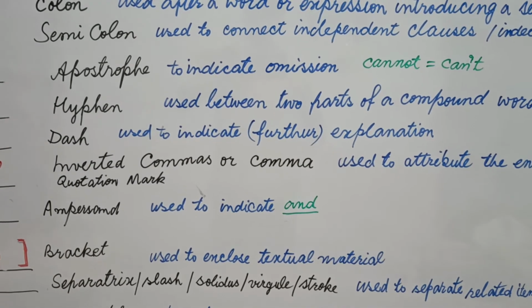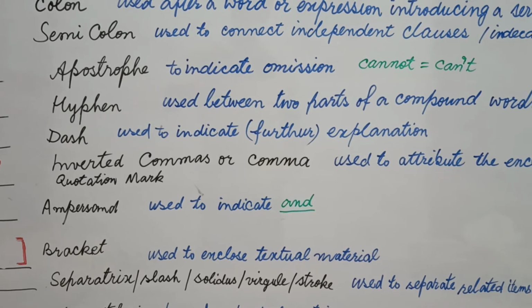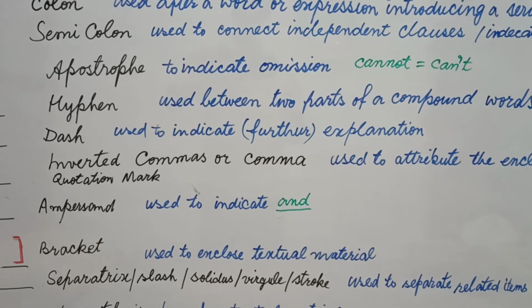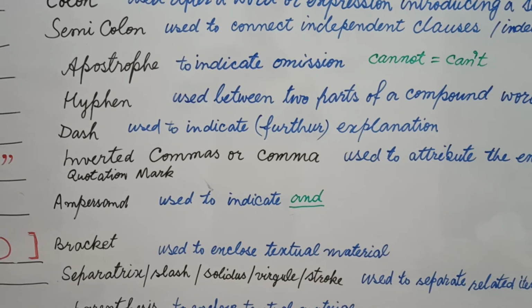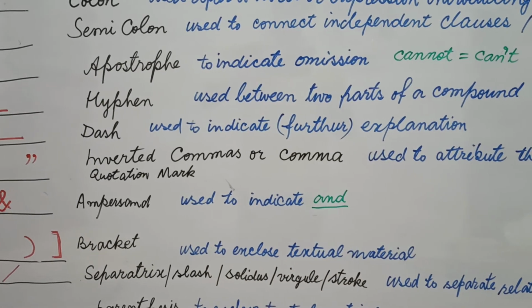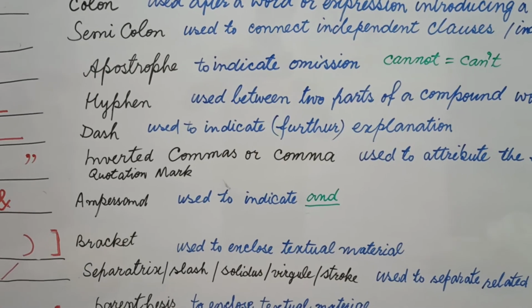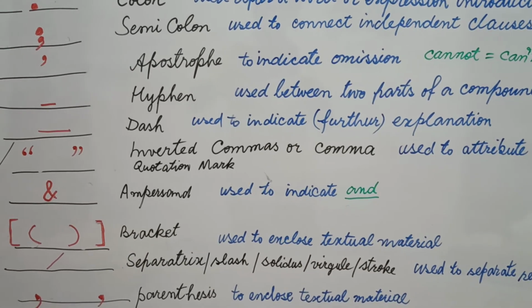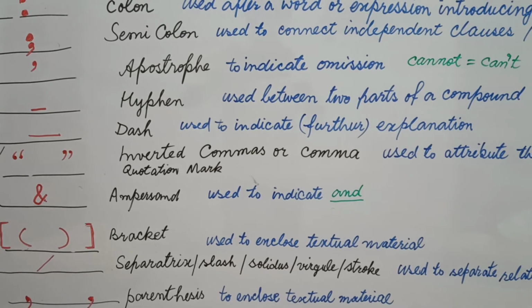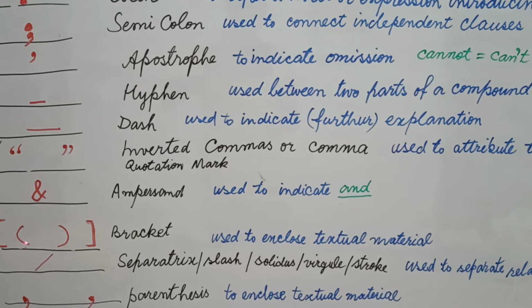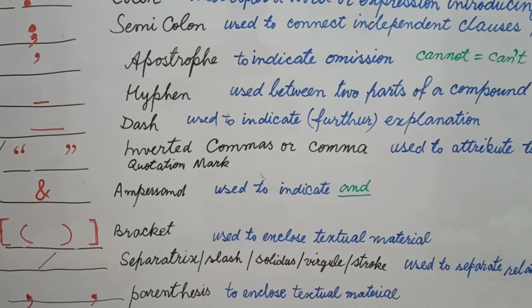Suppose I met two students, and you can write in brackets Mukesh and Amit, in the school. It means you do not want to mix the sense of those words in your sentence, but you just want to indicate that these two words were them. So to enclose the textual part, you use these brackets.